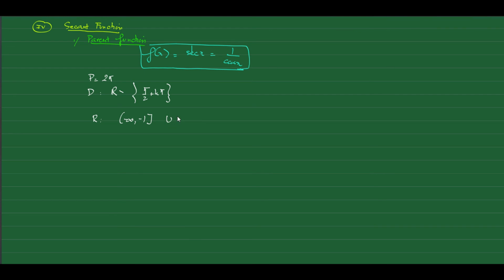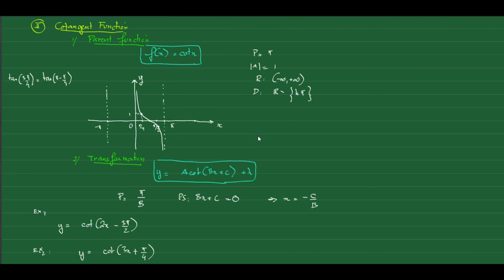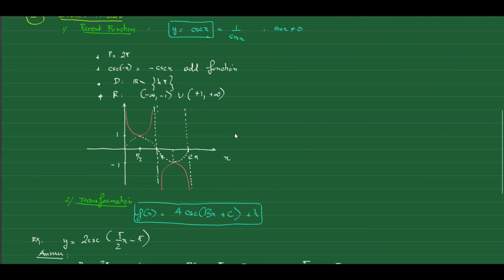Oh, I think I have something wrong. From 1 to positive infinity. I think I have a mistake right over here. This should be a bracket, because it's still defined over there.